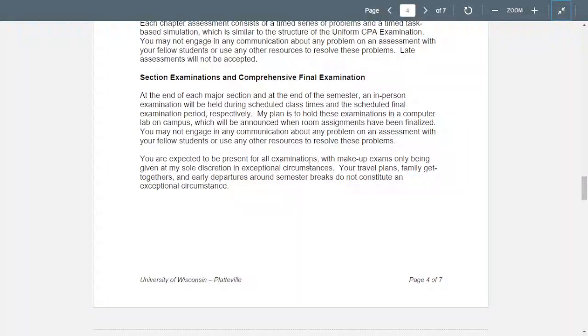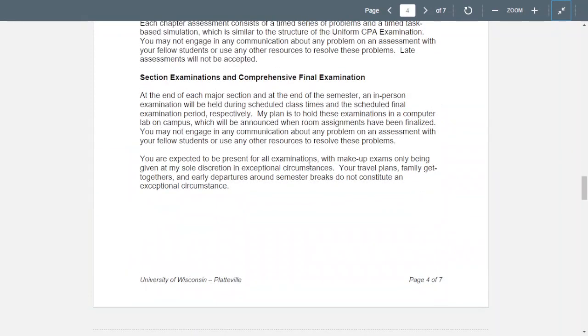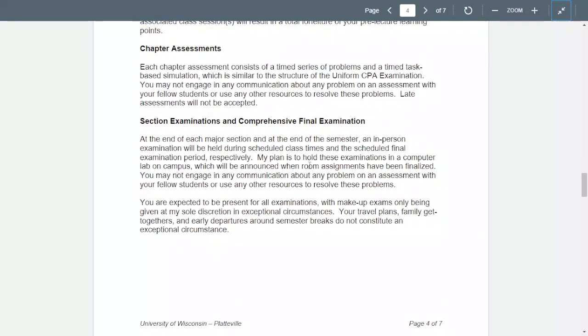Where is it? Yes, there is no information about that, other than the fact that it's going to be in person in a computer lab.